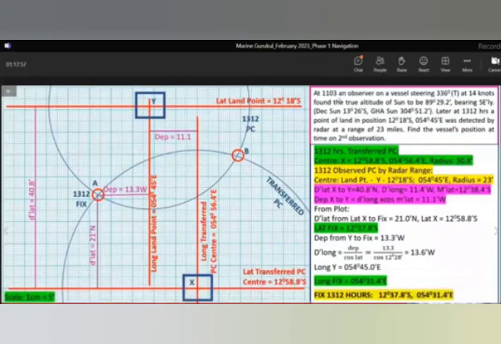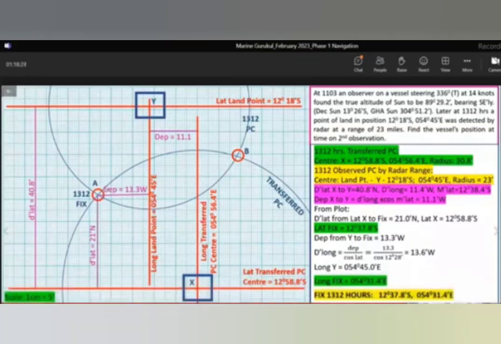No, sir, I'm not saying that. Just as we were using true zenith distance or MZD, 90 minus whatever it is, for a position circle, the same way we can draw the position circle and draw the sun azimuth. That will give us the 1103 fix. Okay, got it. So you are basically drawing the position circle and marking the southeasterly bearing to get the position of the vessel, right? Correct, sir.